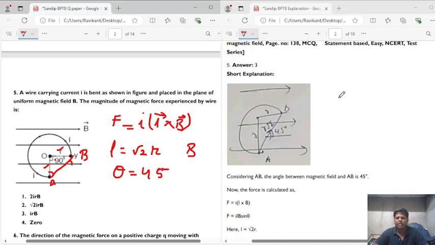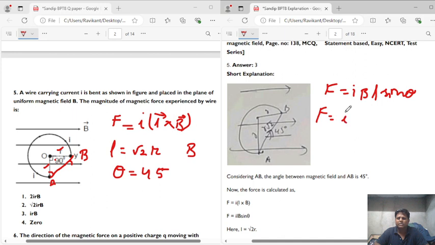So we use the formula F equals I B L sine theta. Putting the values, we get F equals I, B, L is root 2 R, and sine theta is sine 45, so it will be 1 upon root 2.